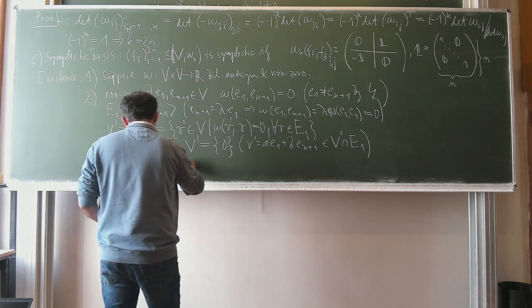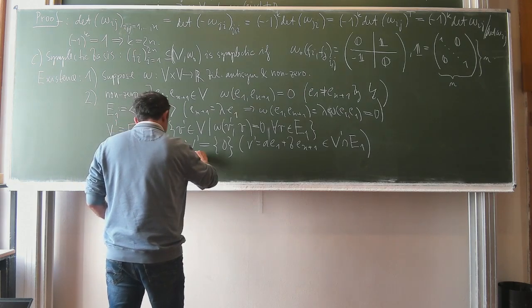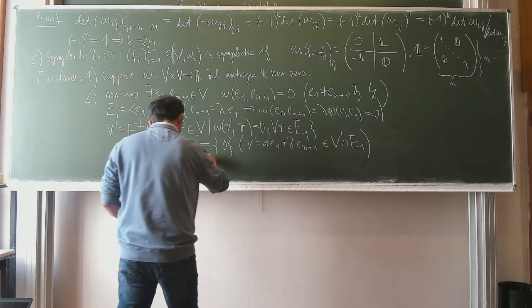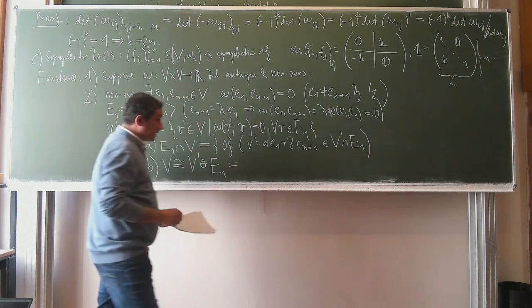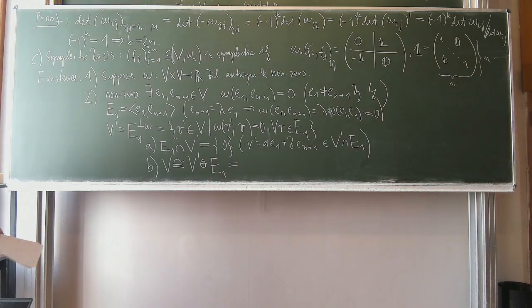The second piece of information is that the vector space really decomposes in this way, into the complement and the two-dimensional subspace. This is done by a trick.